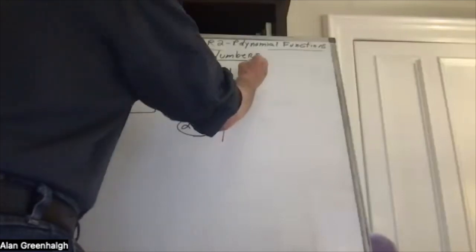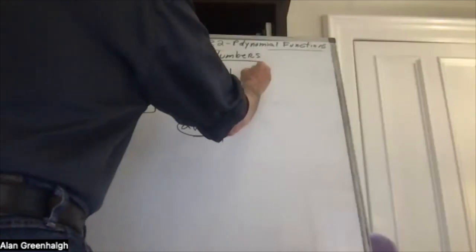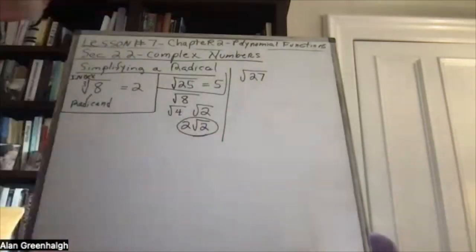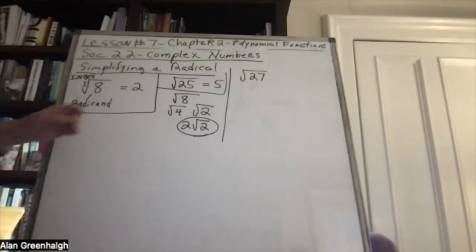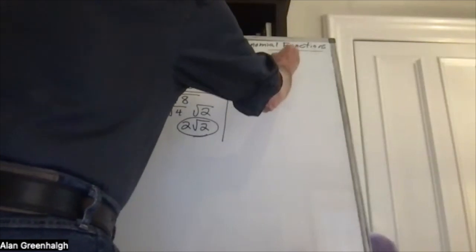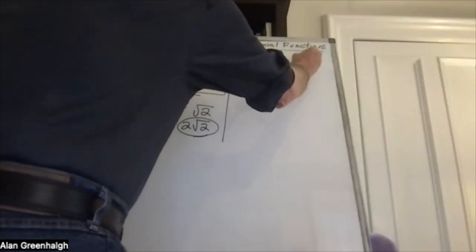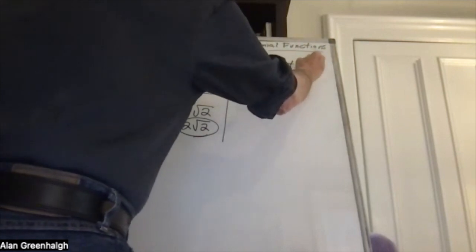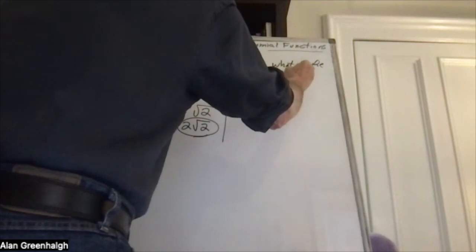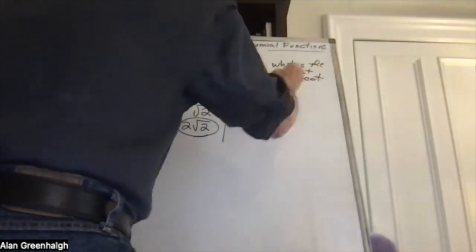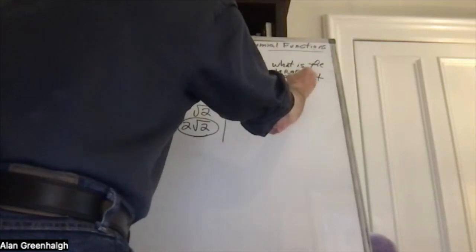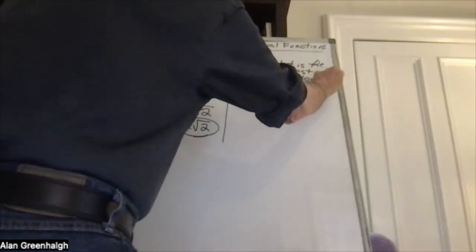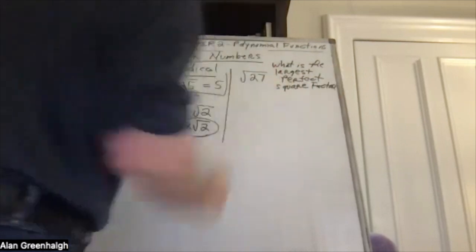Take the square root of, let's say, 27. To simplify this radical, you ask yourself, what is the largest perfect square factor of the number?